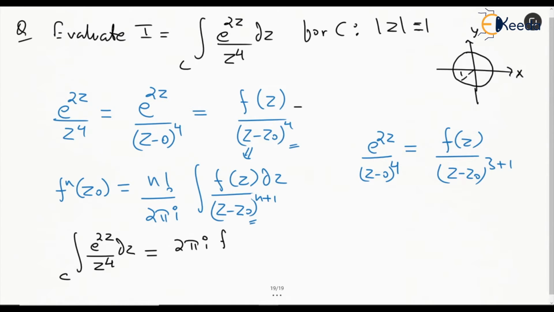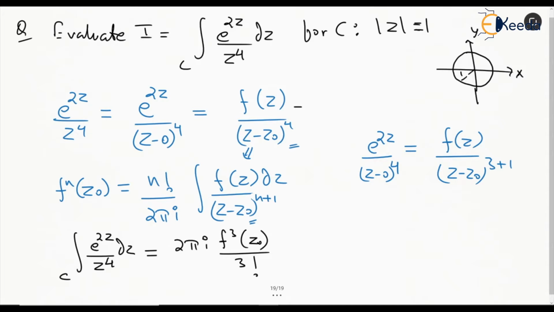So it is going to be the third derivative. It is 3 plus 1, 4 is equal to 3 plus 1. Third derivative at z naught, divided by n factorial, or I'll say directly 3 factorial here. We know this n is equal to 3.